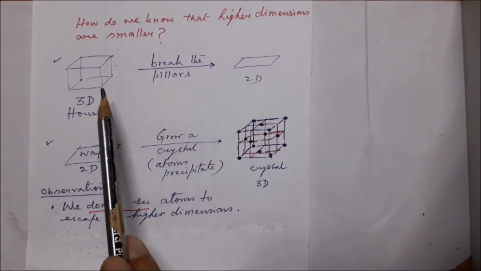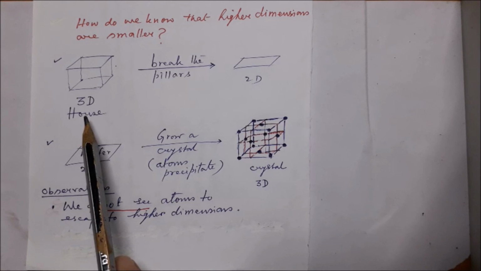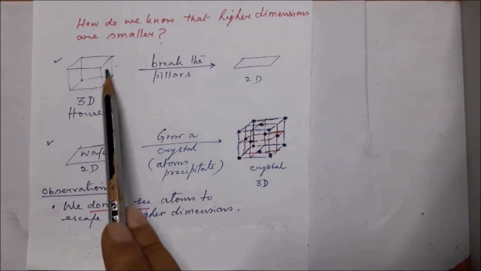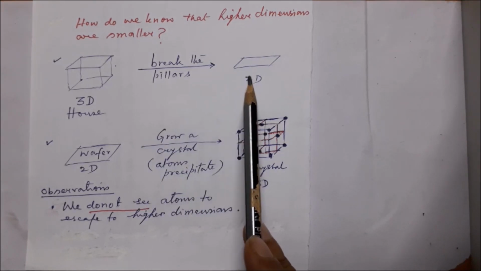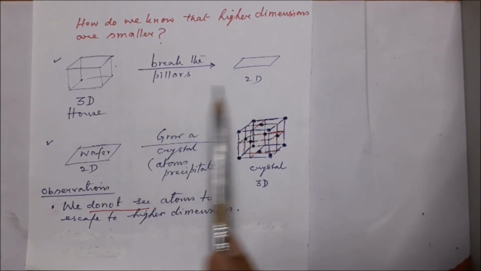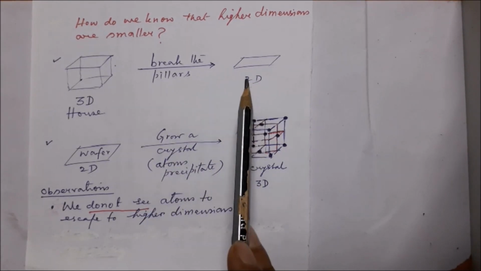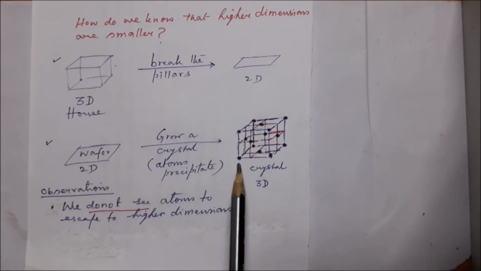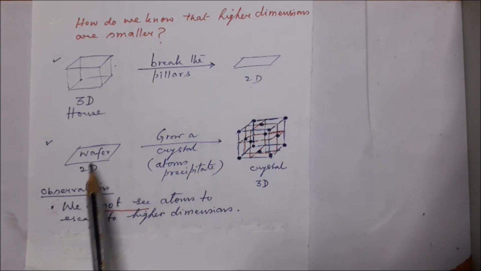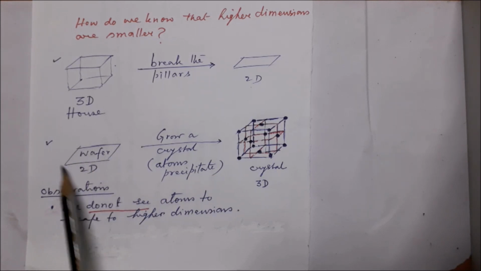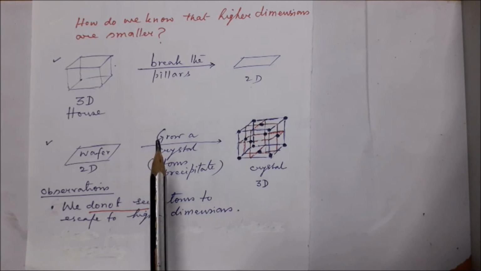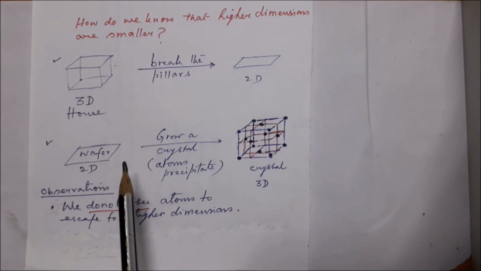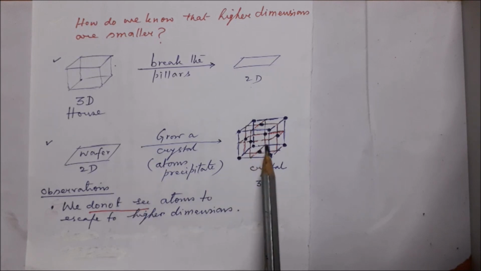Now look at the structure, say a house, and if its pillars are pulled down, the house is flattened, and it is a higher dimension to lower dimension transition. The reverse transition is also possible. If we start with a wafer or a suitable platform and allow atoms to precipitate in an epitaxial growth or say any other crystal growing method, then we get a crystal.